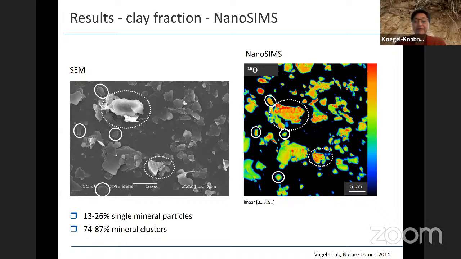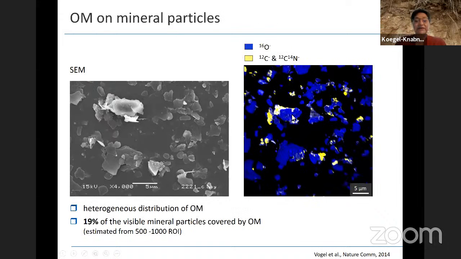And what you see is most of the material is in clusters, and this is now blue, the oxygen, which is the mineral surfaces again, as you see, and in yellow, the carbon and nitrogen spots. So we find a very heterogeneous distribution of organic matter, and only about 20% of the visible mineral particles are covered by organic matter. This is estimated, these are just examples, this is estimated from a much larger number of regions of interest.